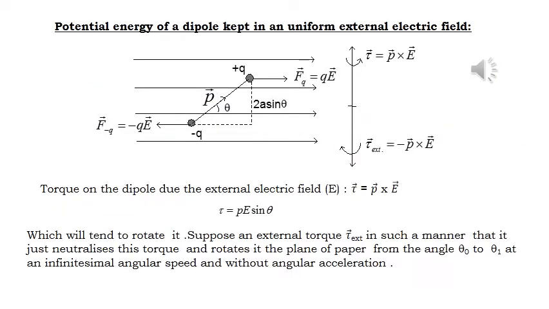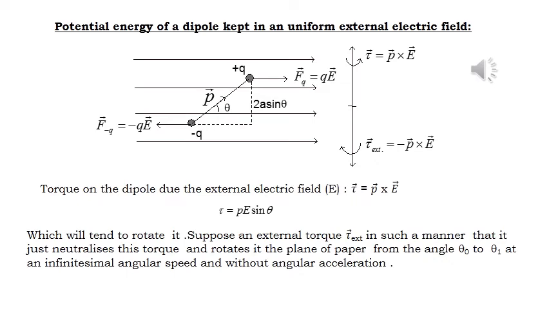If we keep the dipole in an external electric field, as we already discussed in the first chapter, there will be a torque or restoring torque. The torque is P vector cross E vector.